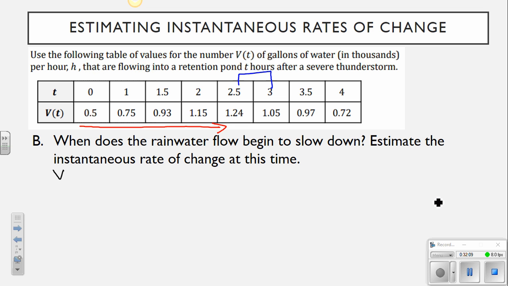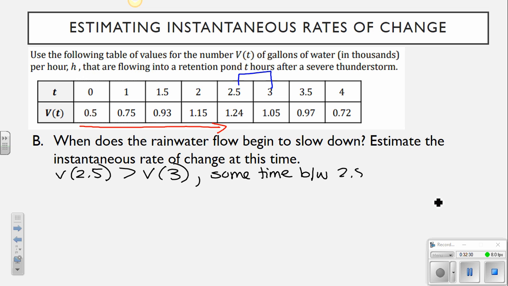So when does it start slowing down? All right, well, you know that it's going to start slowing down after V of 2.5. Once we know that V of 2.5 was greater than V of 3, we know it's going to be sometime between 2.5 and 3 hours.